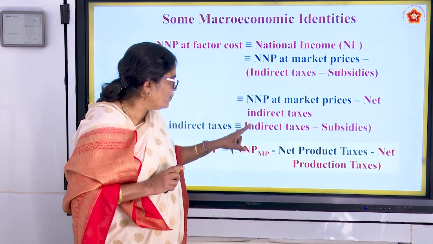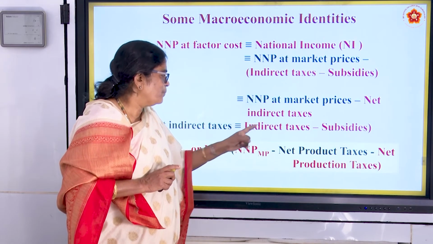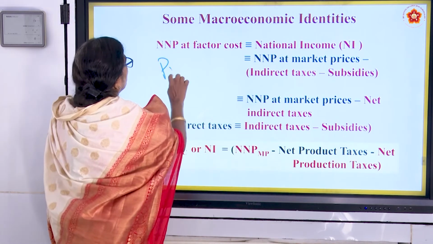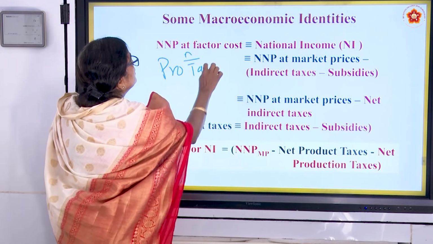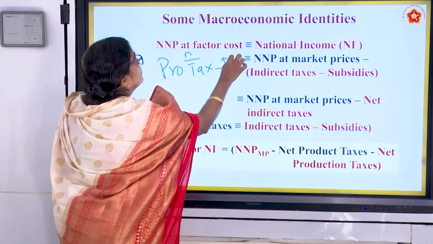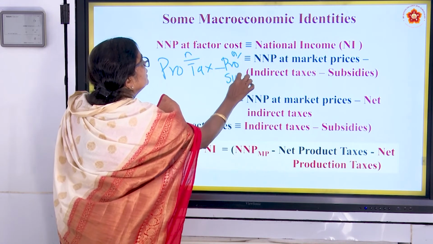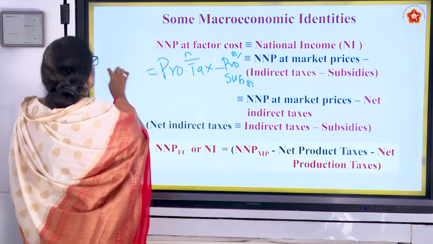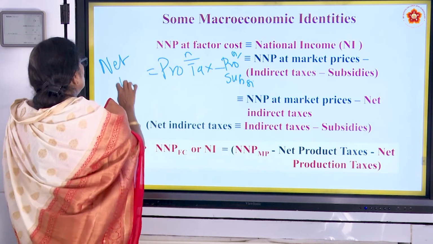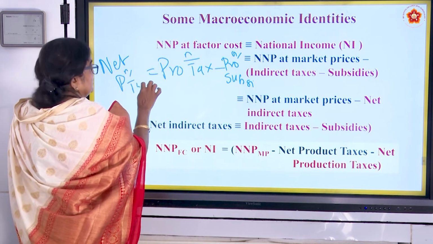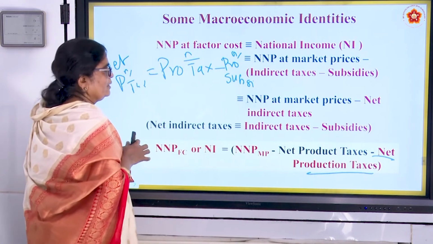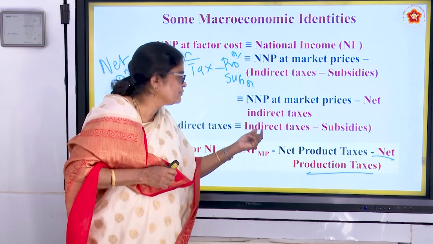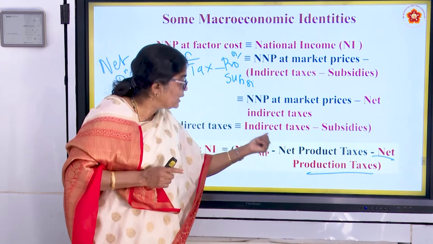Therefore, production tax minus production subsidy, what will you get? Net production tax. That is what we are writing here. And the other type of indirect tax is product tax.